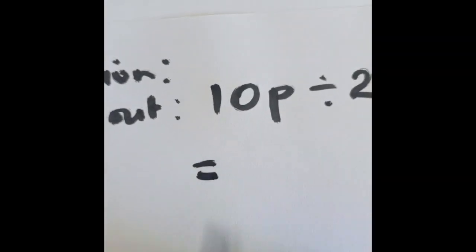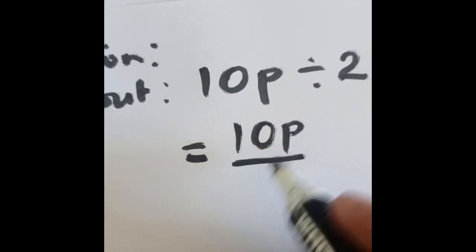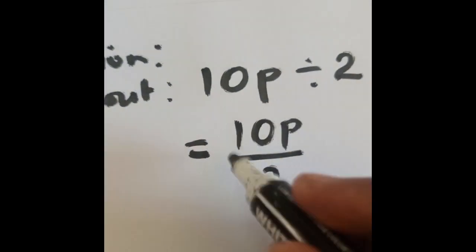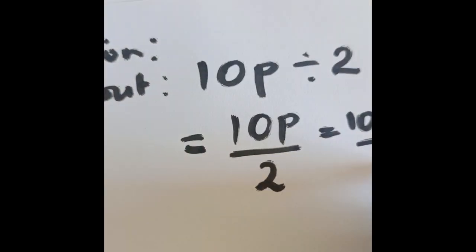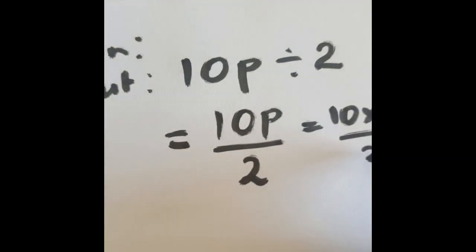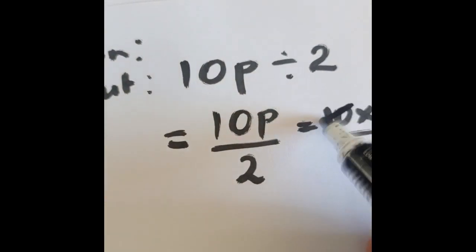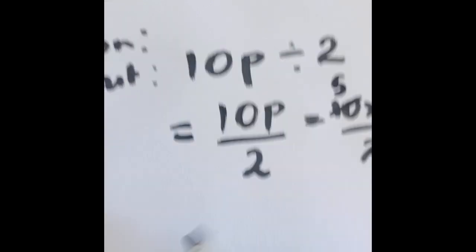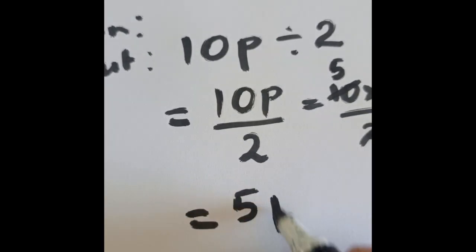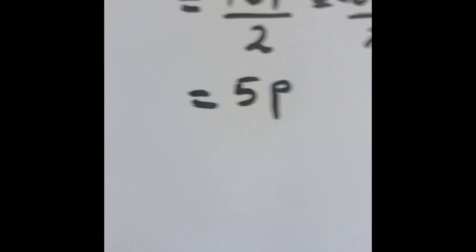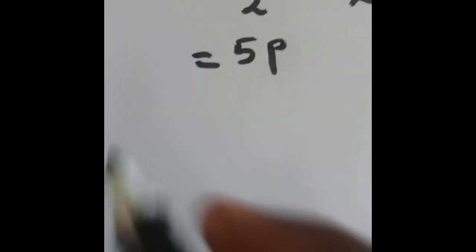Now in this case, this can also be rewritten as 10p over 2, which is actually 10 multiplied by p over 2. And you can see 2 is a common factor with 10 there, so that we have p, and this becomes 5p.